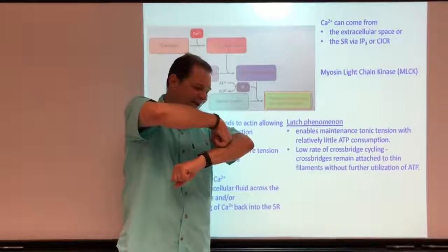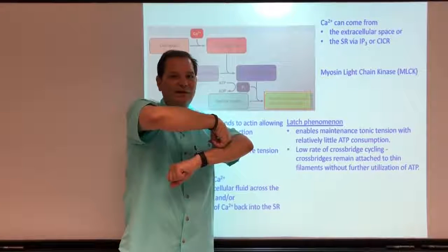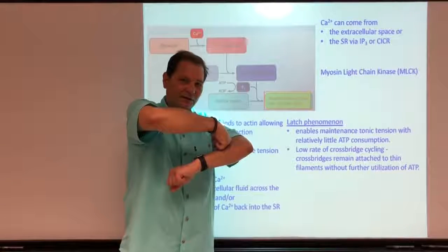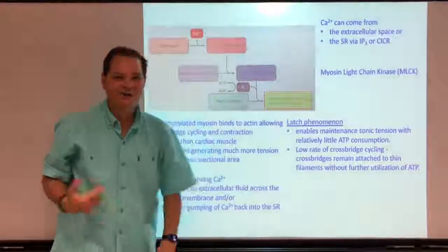Okay, and because it's staying bound for longer, the first thing is you'll utilize less ATP. The second thing is you maintain the tension that you generated for a longer period of time. Okay, and that's what's happening in the latch state.